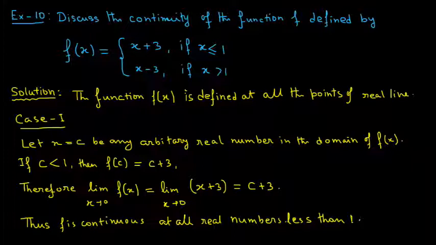If c is less than 1, then f(c) = c + 3. Therefore, the limit as x tends to c of f(x) is equal to the limit as x tends to c of x + 3, which is c + 3. Thus, f is continuous at all real numbers less than 1. So it is pretty simple. There are three cases, so let us see the other two cases.